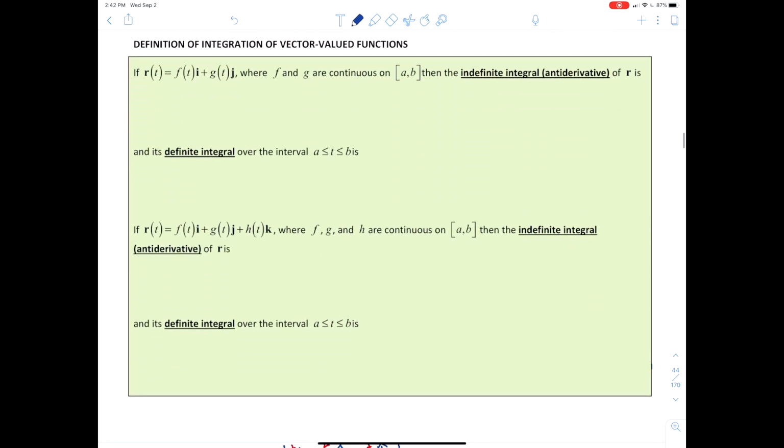So now let's take a look at the definition of integration of vector valued functions.